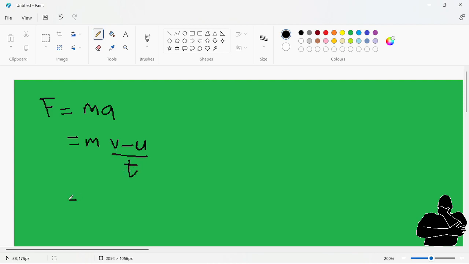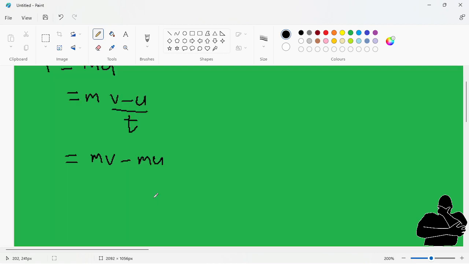When we multiply the numerators, we get mv minus mu divided by time. As you can see, mv is final momentum, mu is initial momentum. So what we have in the numerator is actually a change in momentum.